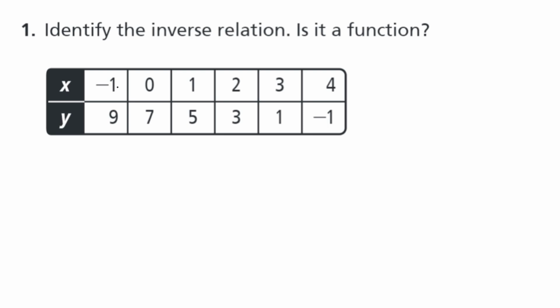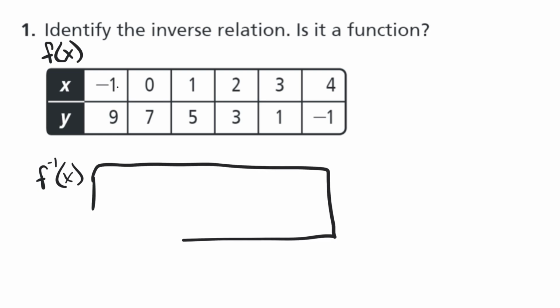Now what we need to know about an inverse of a function, we'll call this one f of x. The symbol we use for inverse functions is f of negative 1, by the way. And what the function's inverse is, it will always have an inverse table.